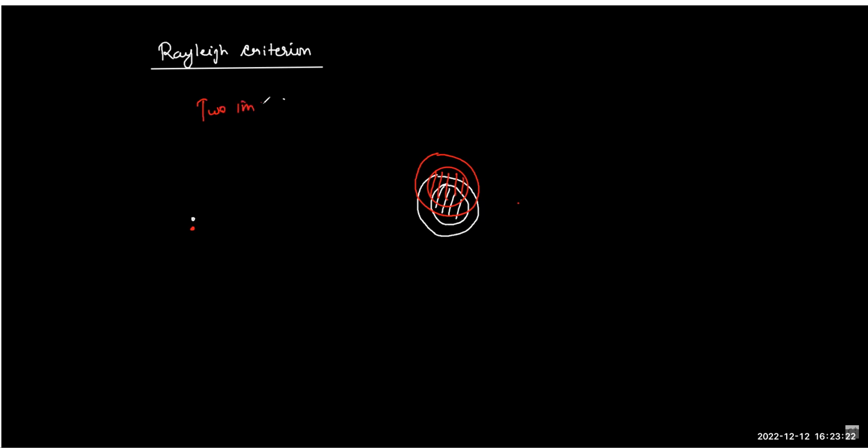Two images. See, we resolve images, not the object, right? We resolve images.